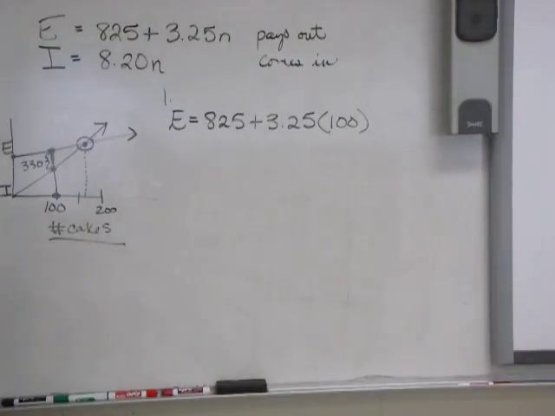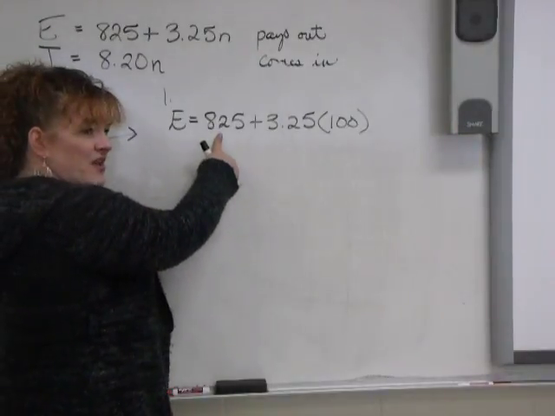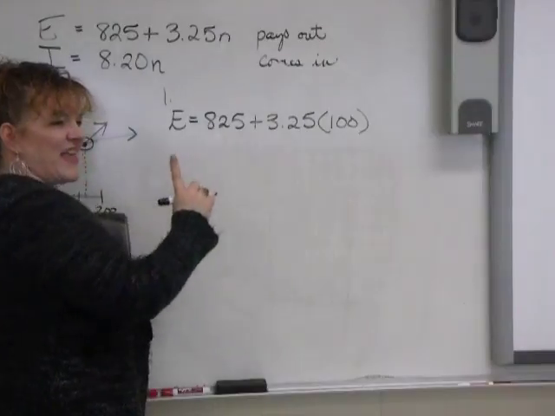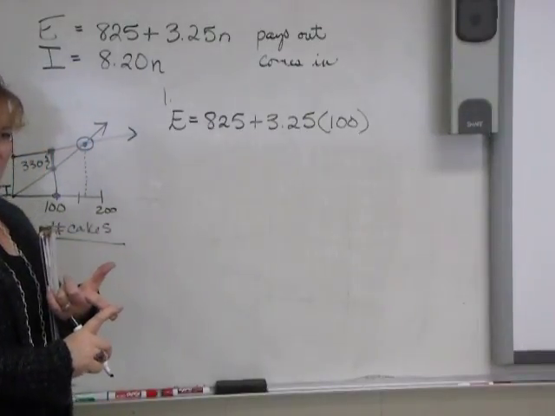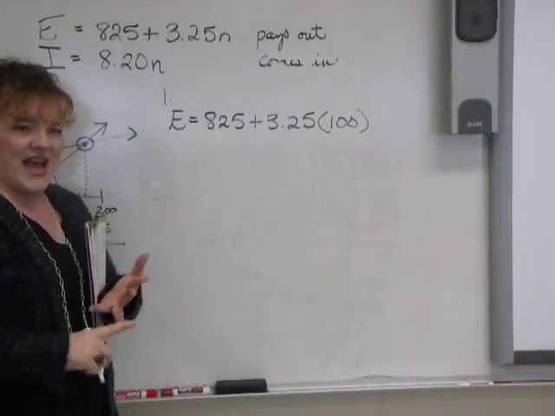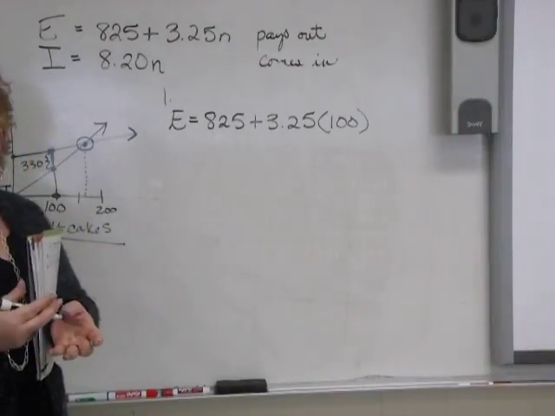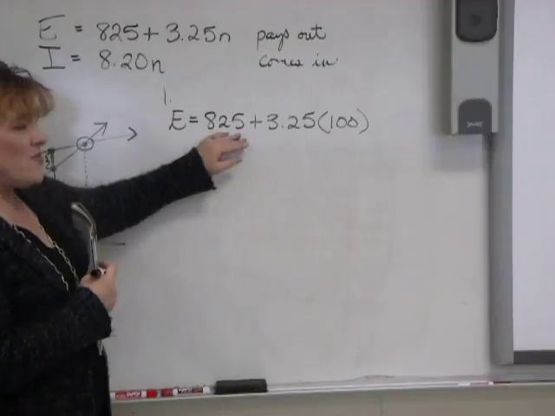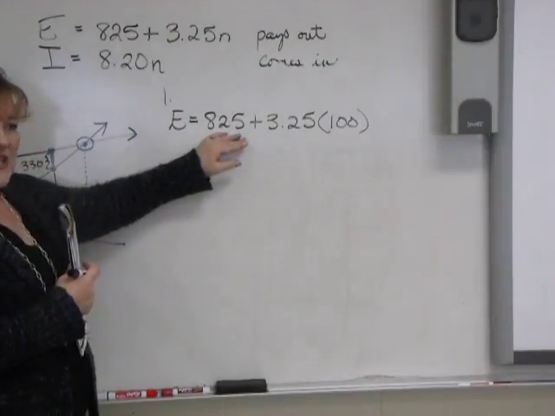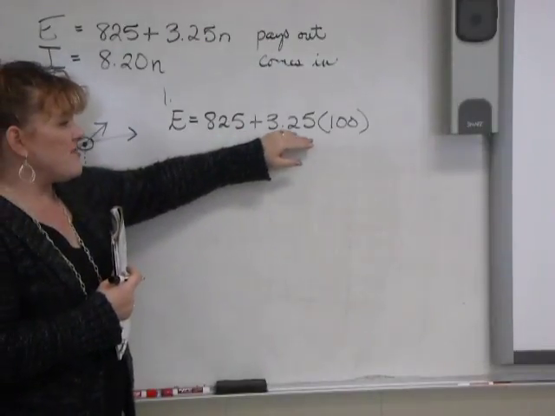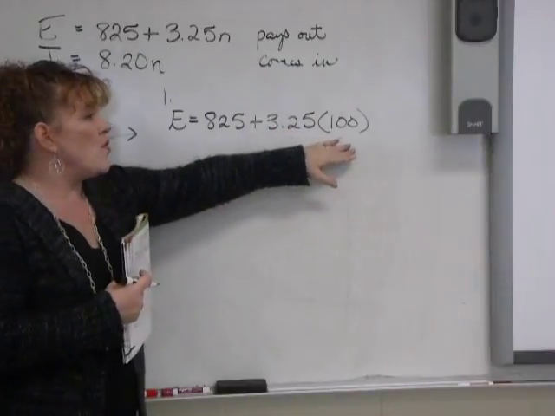Now I'm assuming that this $825 is like the rent for the cake shop, the light bill, the gas bill, the water bill, any of the utilities that there's going to be. So I'm pretty sure that's how much it costs for the facility. And then it costs this much per cake for 100 cakes.